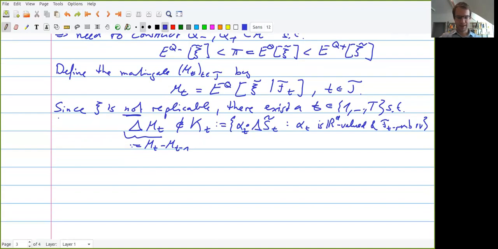And as for the first fundamental theorem of asset pricing, the nice way to construct martingale measures is to use this separation theorem in R^m. So we use the same idea here.